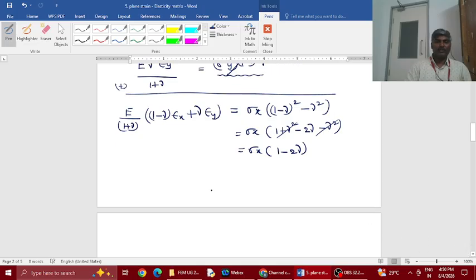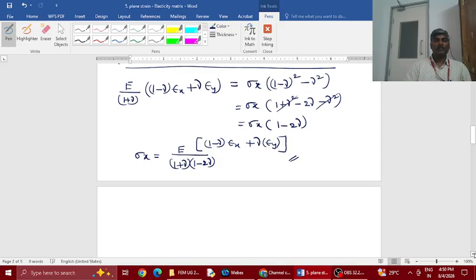So now I have got sigma x value is equal to E by 1 plus nu. This comes to the left hand side and it goes to denominator 1 minus 2 nu into 1 minus nu into epsilon x plus nu into epsilon y. Okay. So this is the expression for sigma x.